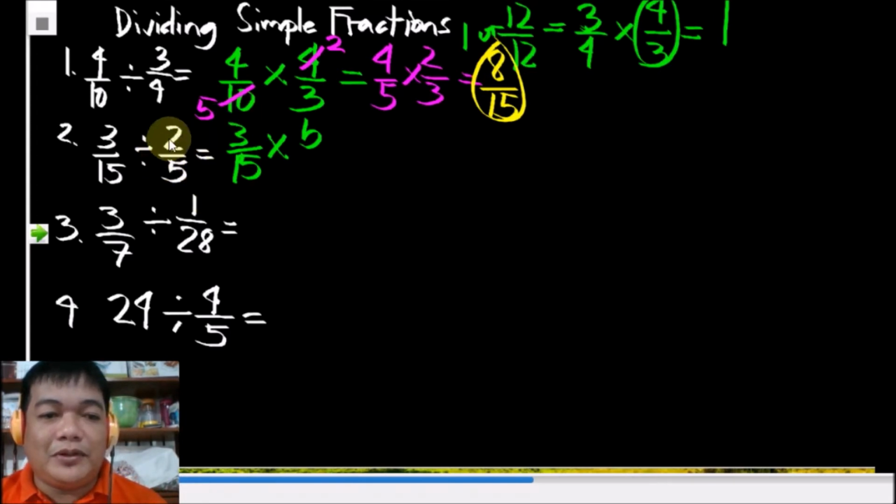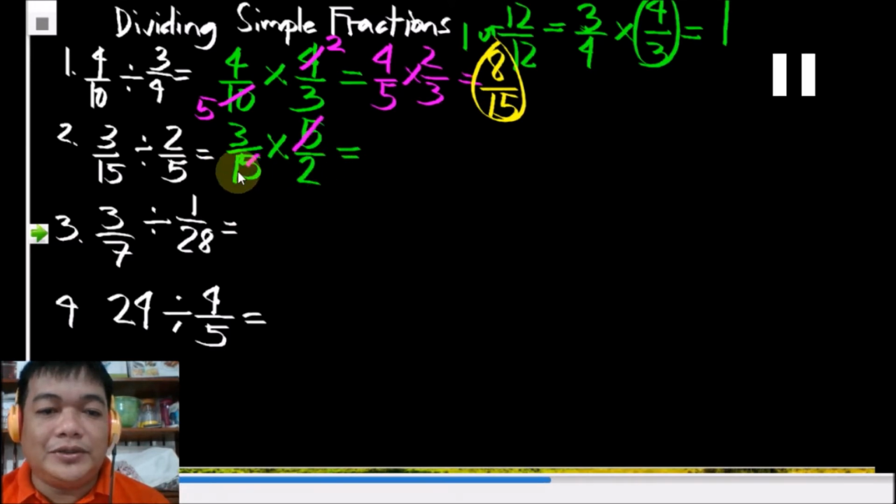The reciprocal of 2/5 is 5/2, because you interchange 2 as the numerator and 5 as the denominator. Then you first cancel if there is a common factor between the numerator and denominator. 5 and 15 have a common factor, which is 5. Let's divide them by 5: 5 divided by 5 is 1 and 15 divided by 5 is 3.